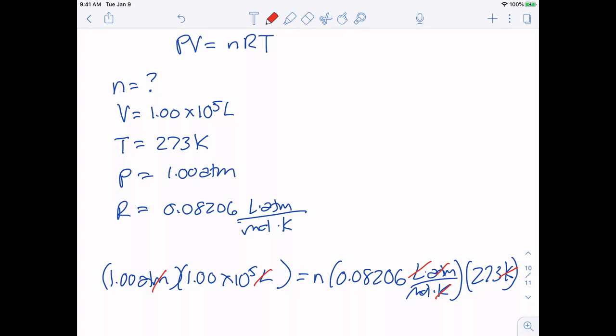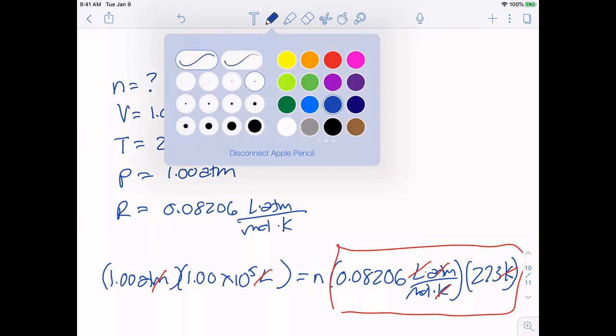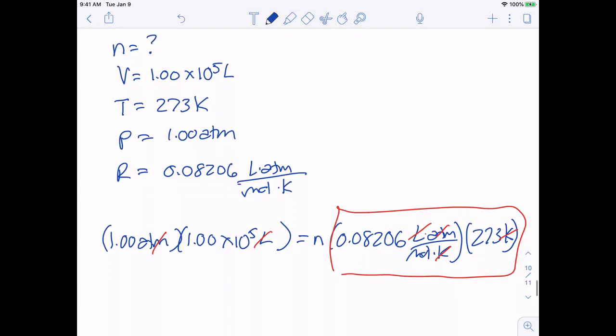When we do the math, we're going to divide both sides by this part to get N by itself, so our units are actually 1 over 1 over moles, which turns out to be moles. So I plug this into my calculator and get an answer, times 10 to the 5th.